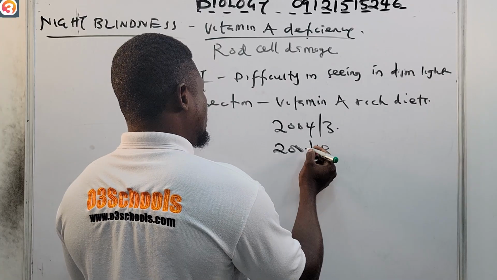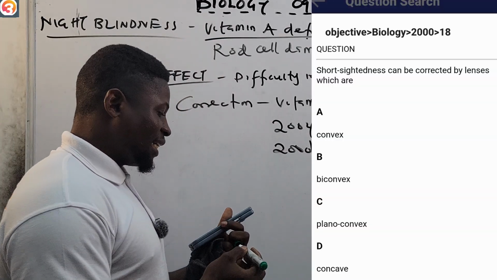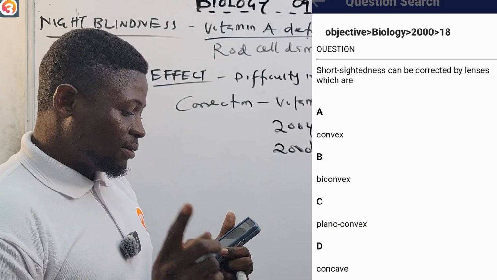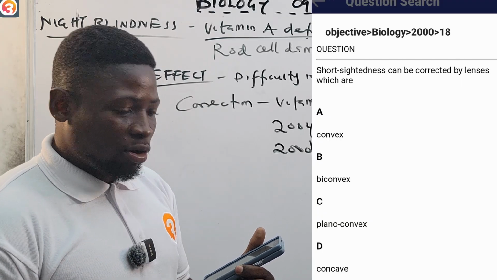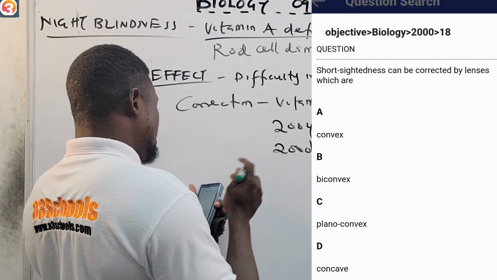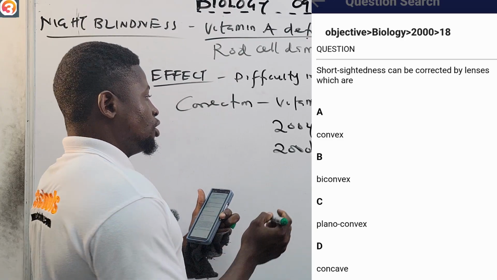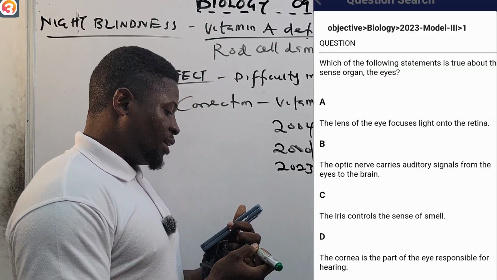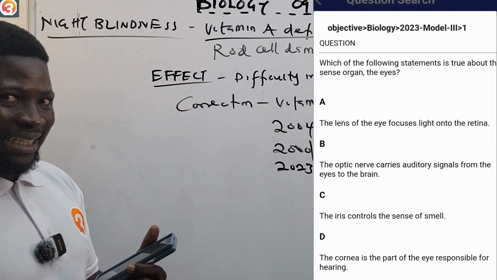2000 number 18 says short-sightedness can be corrected by lenses which are, is it convex, biconvex, plano-convex, or concave? Tell me the answer in the comment section. 2023 number 1: which of the following statements is true about the sense organ, the eyes?